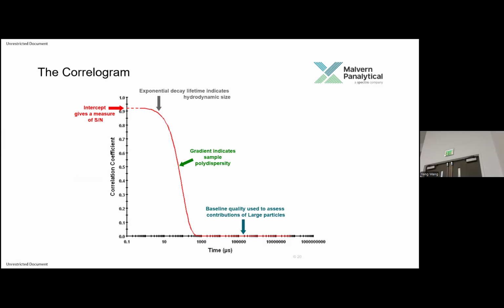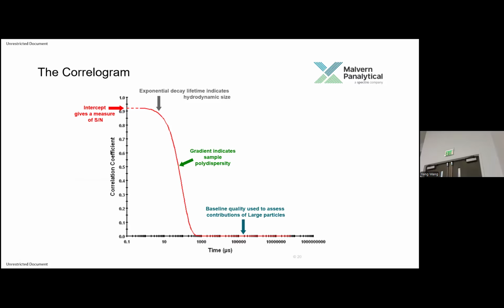That's the first part. The second part we've already hinted at: the onset of decay tells you about the size of the particles. A prolonged onset of decay means larger particles; a quick onset of decay means smaller particles. Then there's the nature of the decay. If you have a steep cliff, all your particles are pretty similar in size.